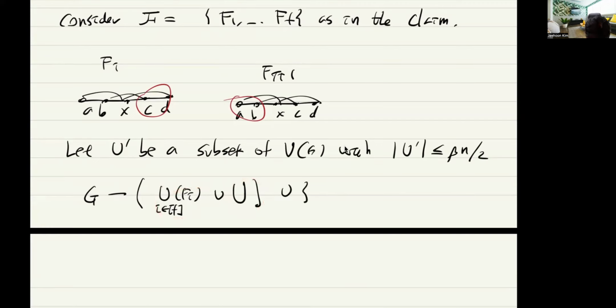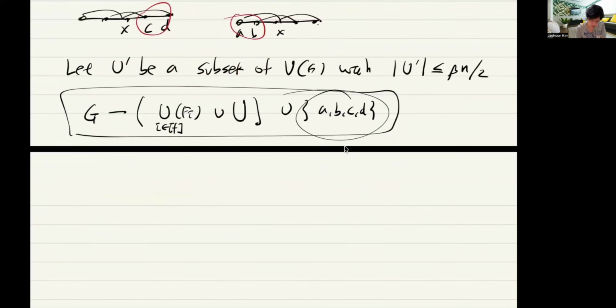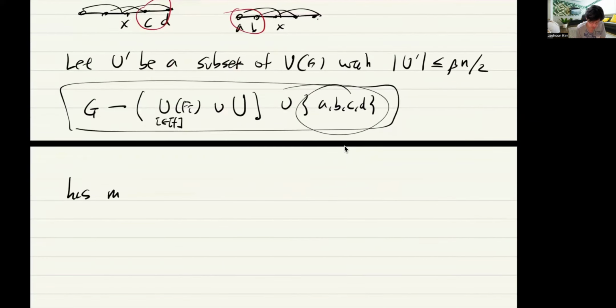And then you take, say, this one is CD and this one is AB. You put ABCD. You delete all the vertices here, but you don't delete the ABCD. Then this graph has minimum degree at least 5 plus the beta over 3 n.